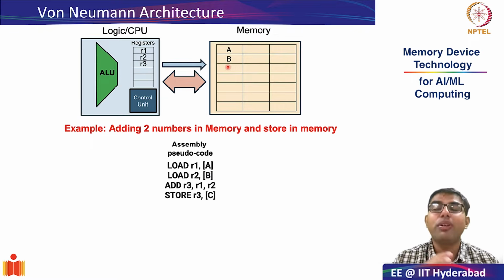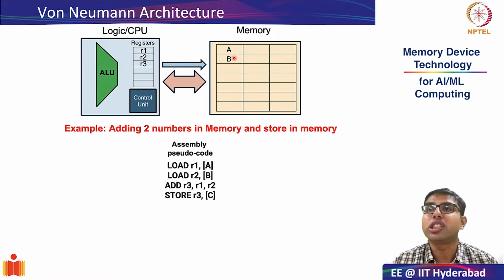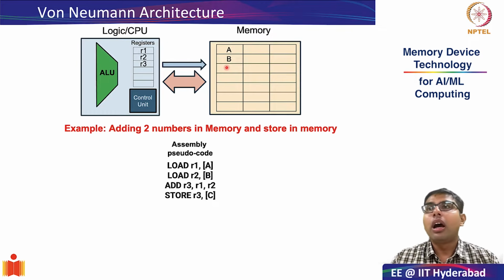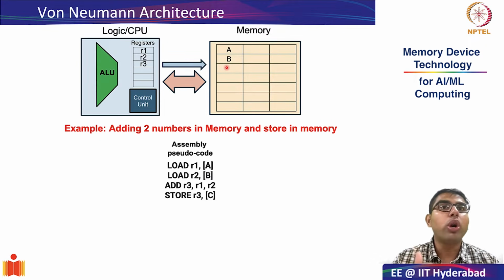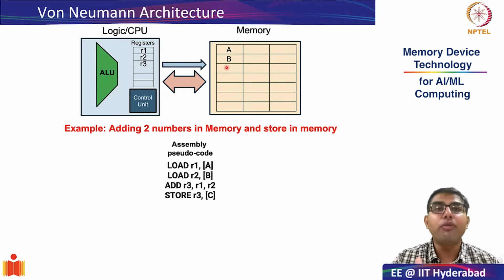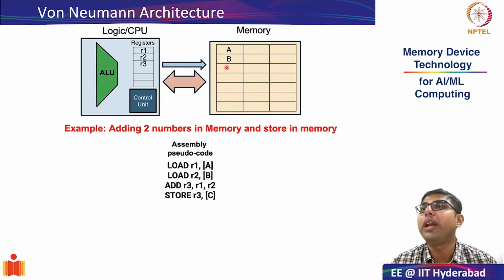There are two numbers in memory location A and memory location B. The idea is to add these two numbers and then store the result in another memory location C. Generally, when you write code in a high-level language, it is not understandable by the CPU, so you have to convert it into so-called assembly code.